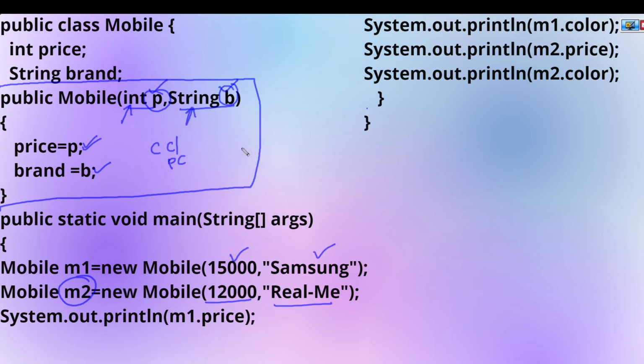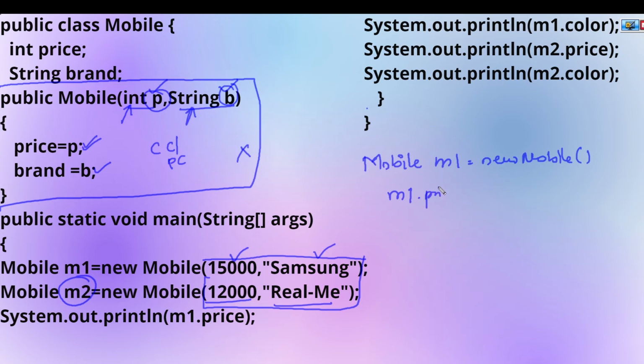If the constructor was not present, then what would be the program? So public class mobile, int price, string brand, same, it would be till here. So this portion would be omitted and this portion would be omitted. These two portions would be omitted and the program would be mobile yum1 is equal to new mobile, and here you would have yum1 dot price is equal to 15,000, yum1 dot brand is equal to Samsung.